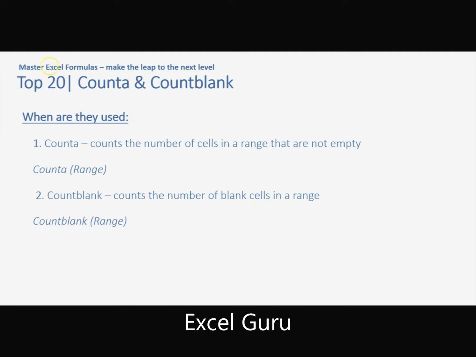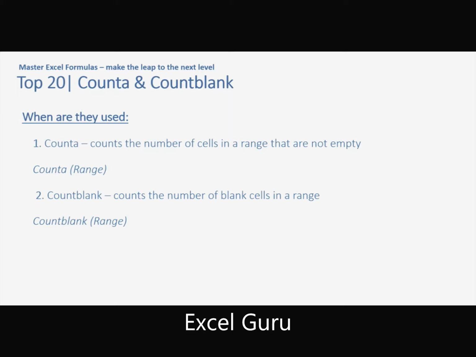The structure of these two formulas is the same. All you have to do is enter the range in which you want to count the specific number of cells that have values, or that are empty.